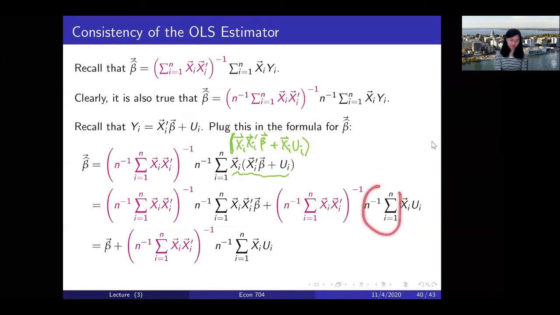So that becomes the summation of x_i u_i. And therefore that can be written as this pink matrix inverse times this sum of x_i prime beta, and this pink matrix inverse times the sum of x_i u_i.